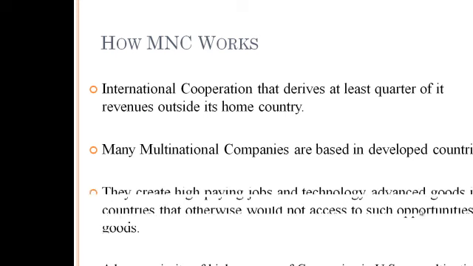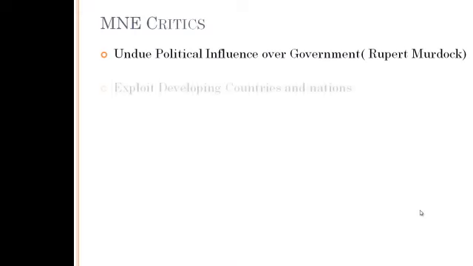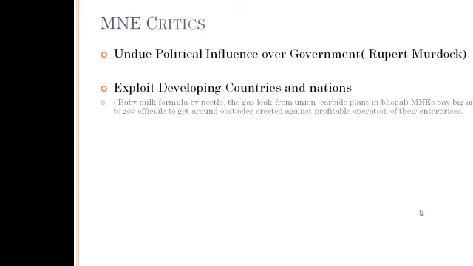International companies, as mentioned earlier, have got some ethical issues also. There are some critics towards it. Basically, if you have a multinational company like Rupert Murdoch's, who owns the News of the World, Fox TV, and sports clubs, he is able to politically manipulate the outcomes of many important political decisions.